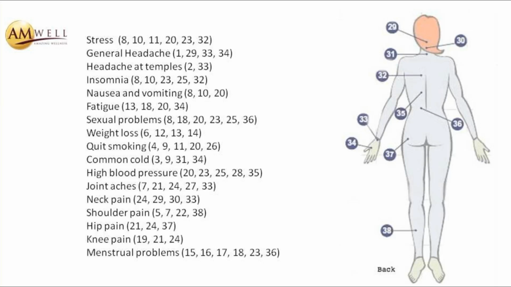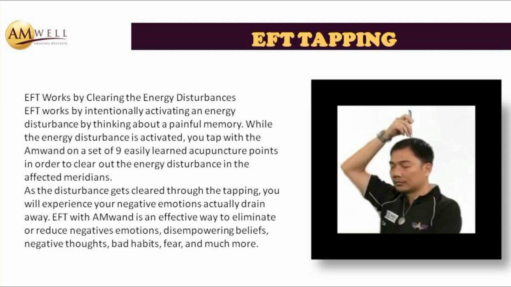Okay, the third modality is called EFT tapping. I'm sure a lot of you have heard about EFT tapping. EFT tapping works by clearing energy disturbance. EFT works by intentionally activating an energy disturbance by thinking about a painful memory or something like that.